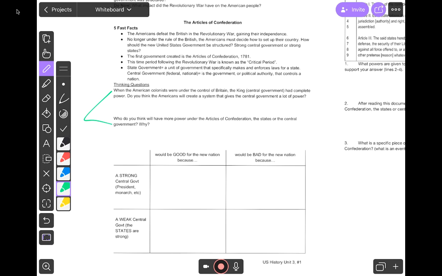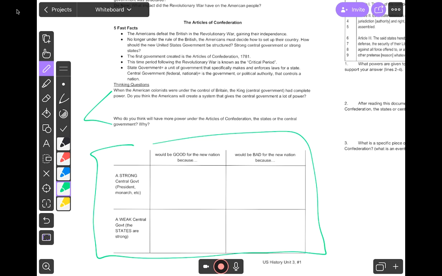Okay, so you're going to do the thinking questions, and then an extension of the thinking questions is this chart you can see on the bottom of the first page. Okay, and this is trying to get you to think about a couple of different combinations of how this government could be structured for the United States. So you're thinking about, all right, in this first box, I'm putting together a strong central government would be good for a new nation because, so why would giving a lot of power to a president or a monarch be good for a new nation?